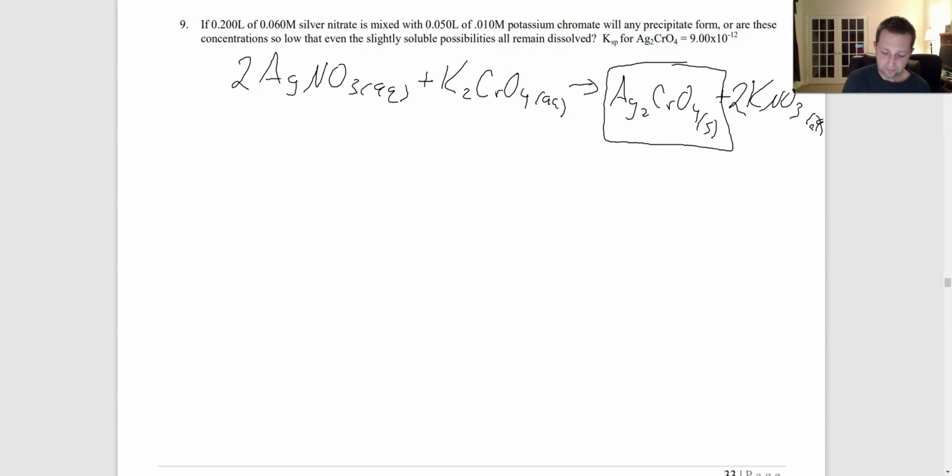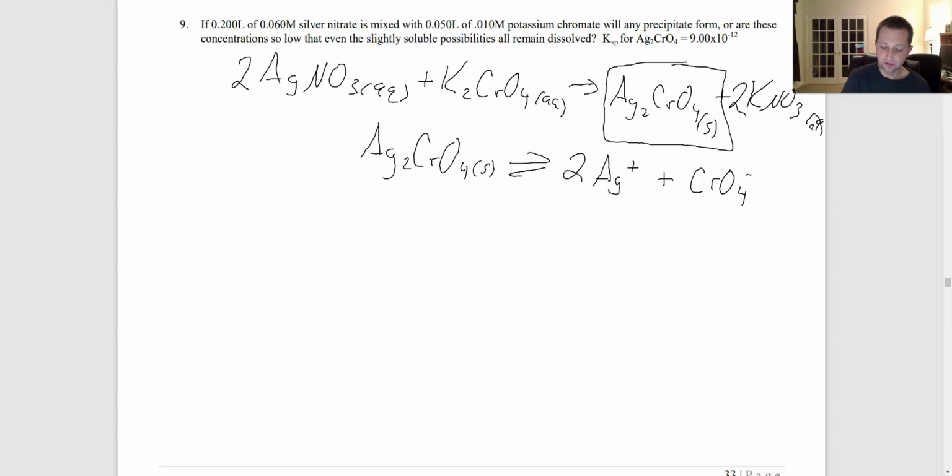So Ag2CrO4 solid produces 2 Ag+ ions and 1 CrO4 2- ion. This is what we're going to focus on right here.